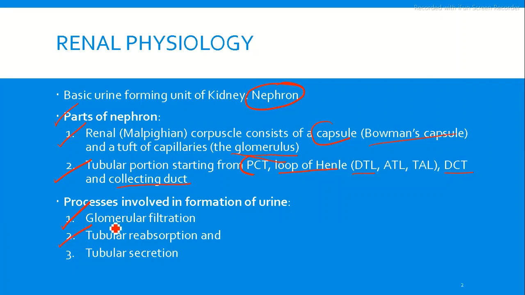Next we have tubular reabsorption, in which the essential electrolytes are reabsorbed from the tubular fluid. Mainly, in the case of diuretics, we are concerned with the absorption of sodium and water. Then the third process is tubular secretion, in which the waste products are secreted into the tubules.